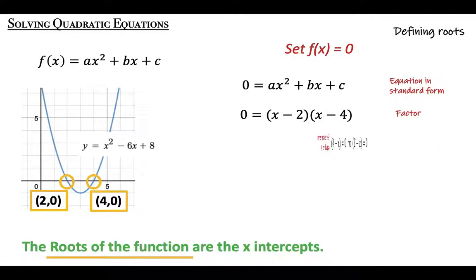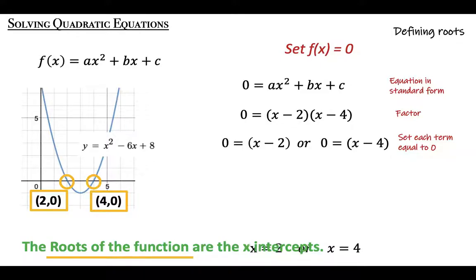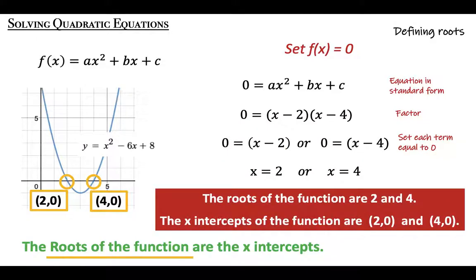If we set x minus 2 equal to 0, or x minus 4 equal to 0, we solve both of those and we get x equals 2 or x equals 4. So we confirm mathematically that the roots of the function are 2 and 4, and the x-intercepts are 2, 0, and 4, 0. Those are the roots of the function y equals x squared minus 6x plus 8.